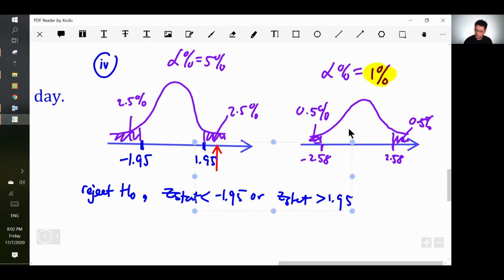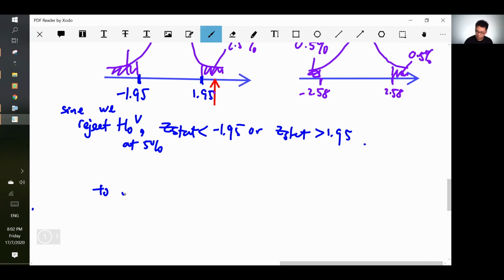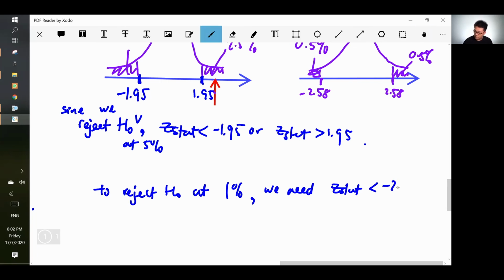So how do you write? Since we reject H naught at 5%, to reject H naught at 1%, we need z-stat to be less than minus 2.58 or z-stat more than 2.58, definitively.